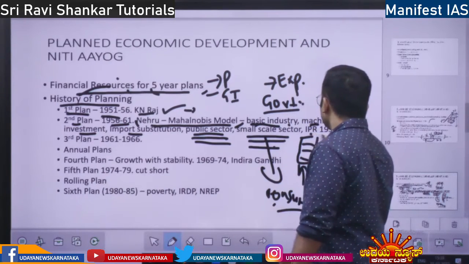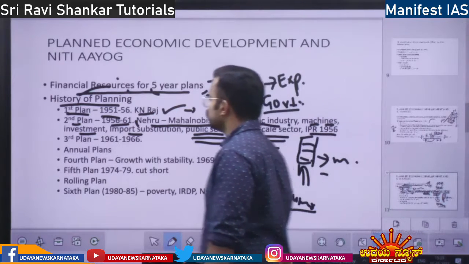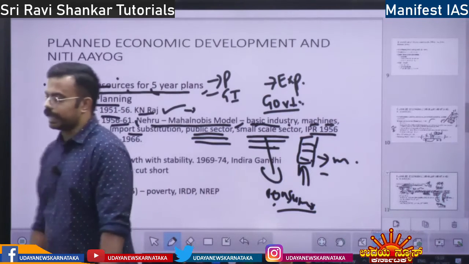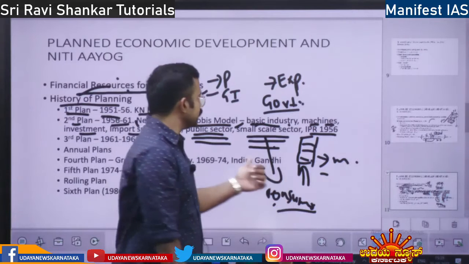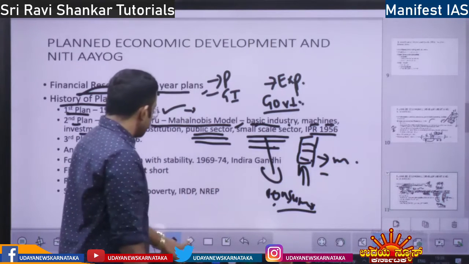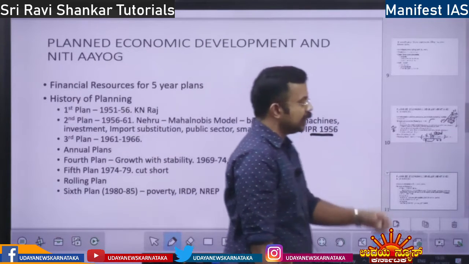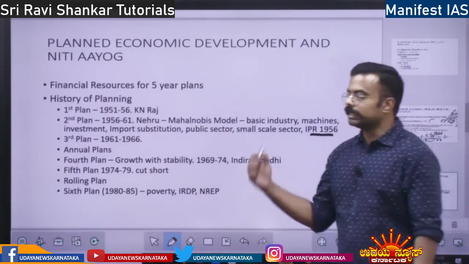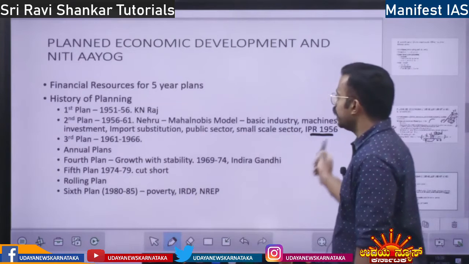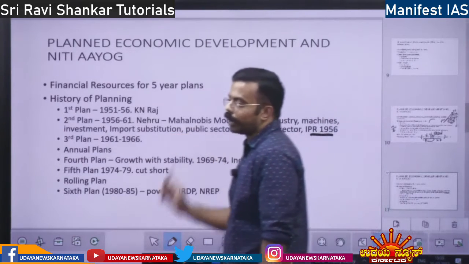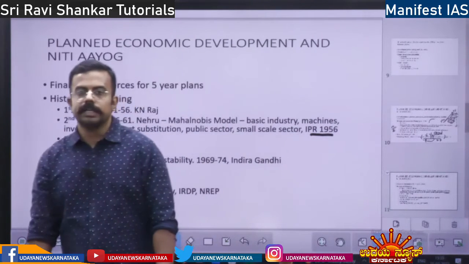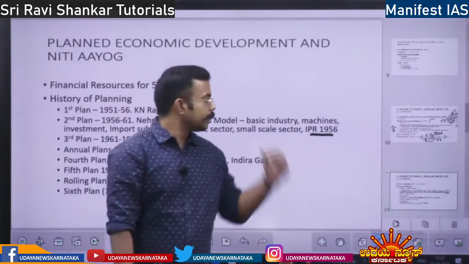And here we have the Industrial Policy Resolution 1956. So during the second plan, they gave the Industrial Policy Resolution 1956. What is this Industrial Policy Resolution? It includes all these points, right?